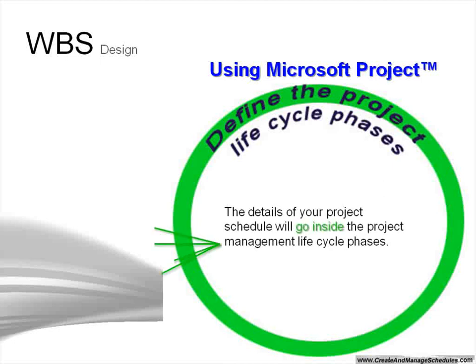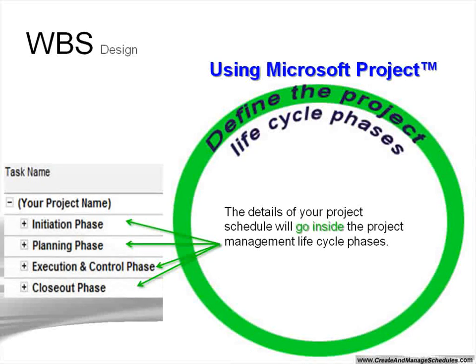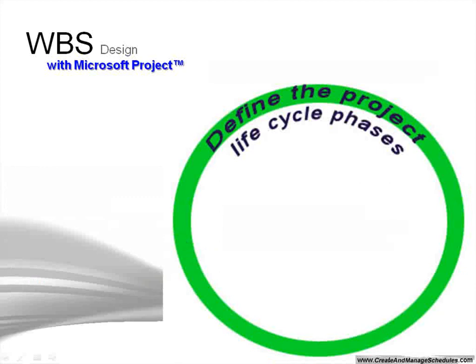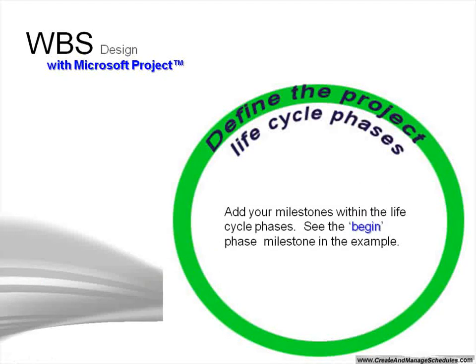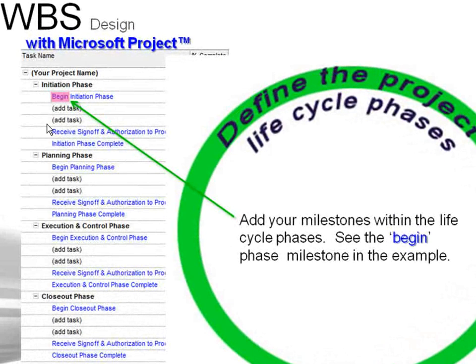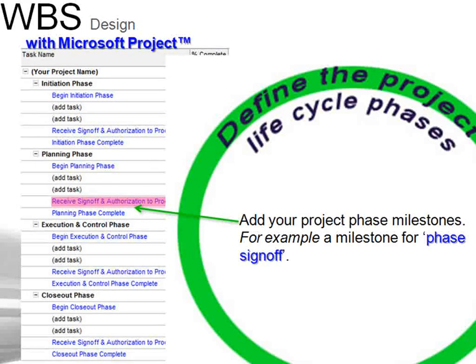So as I mentioned, with using Microsoft Project, we define the project lifecycle phases: initiation, planning, execution, control, and closeout. The details of your project schedule go inside the lifecycle phases. And you add your milestones within the lifecycle phases. So in this example, you see the begin milestone for the beginning of the initiation phase, and as well the complete milestone. You add your project phase milestones, including the management milestones.